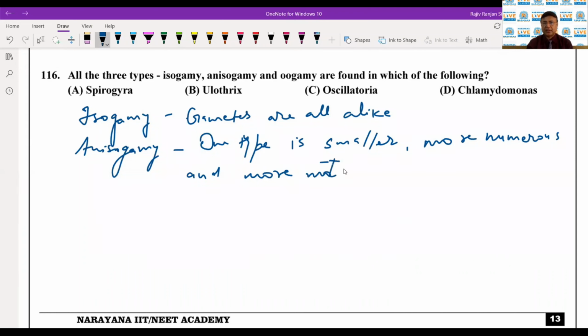Motile means moving. With less amount of food.